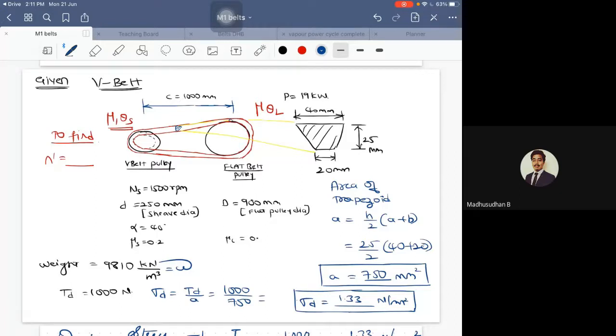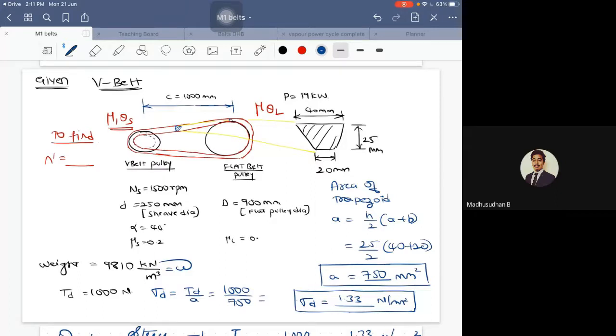Yes, please do involve in the discussion. This is very, very important. While calculating for the flat belt, will you take only D or D plus T, considering the thickness of the belt? Which one will you take?